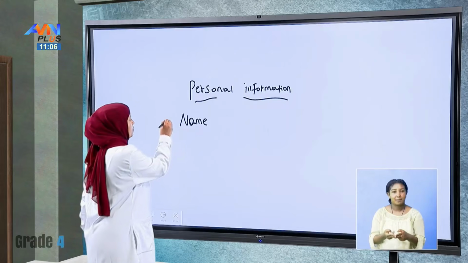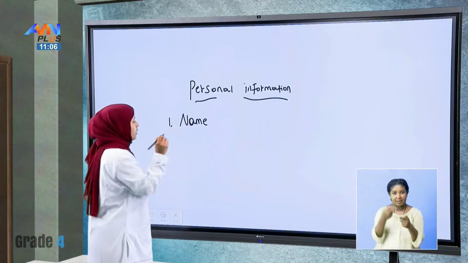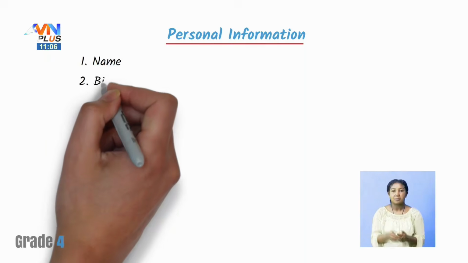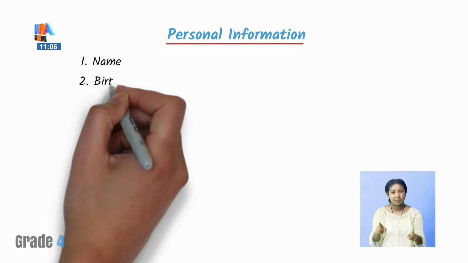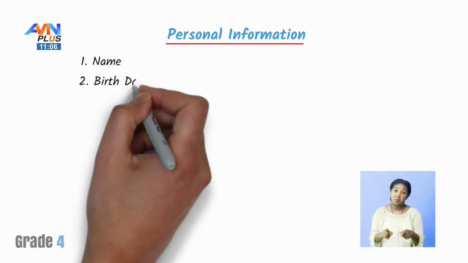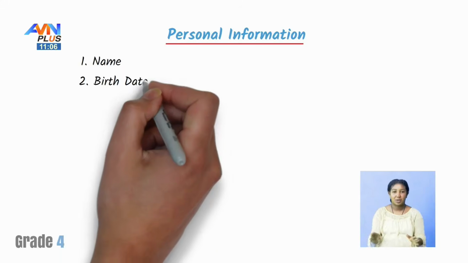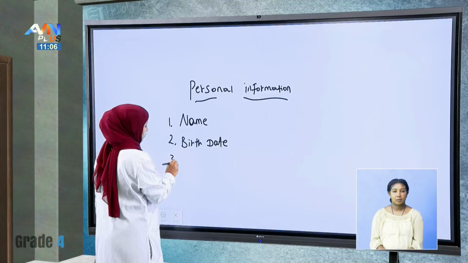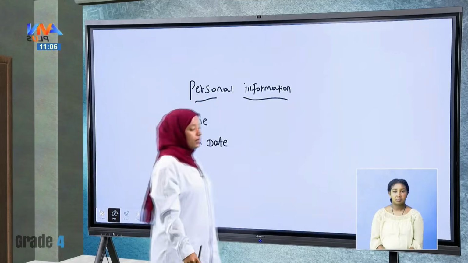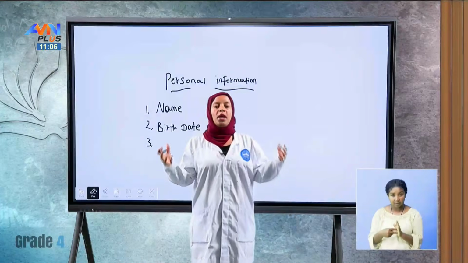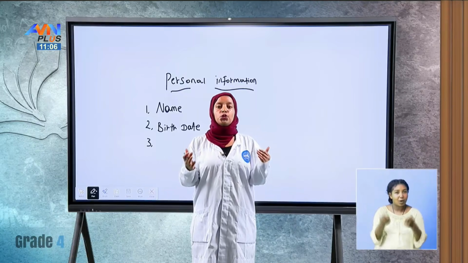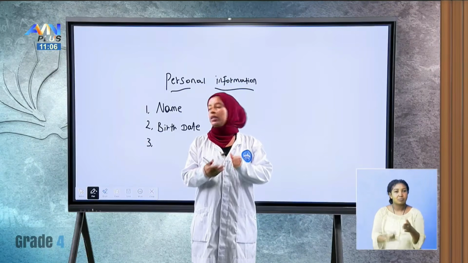Number one is name. Number two, date of birth, or also we can call it birth date. It can also be: when were you born? I am asking you the time.